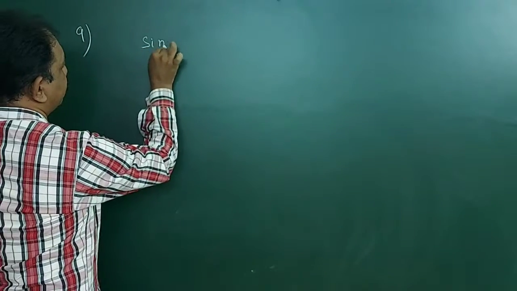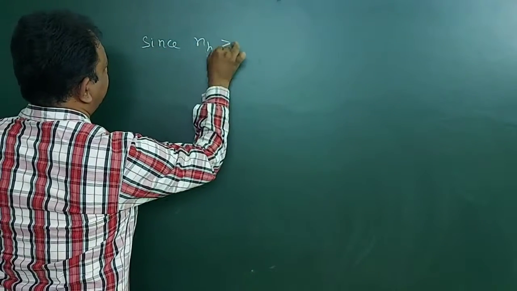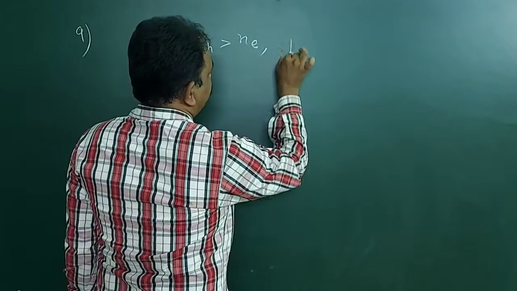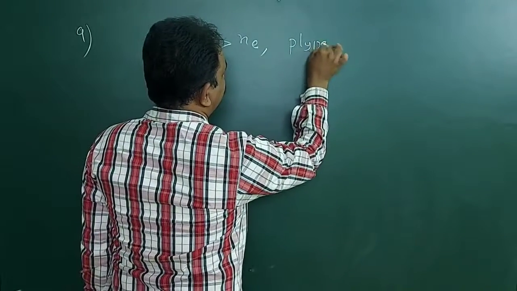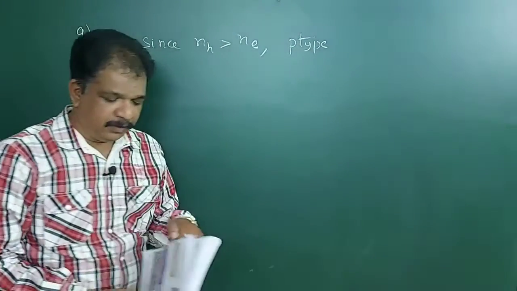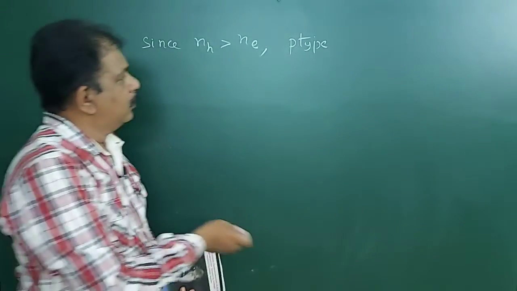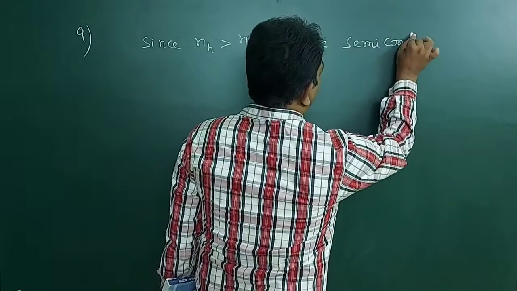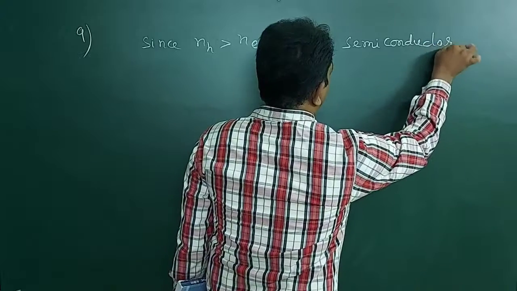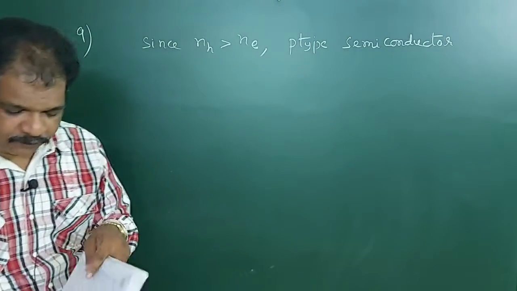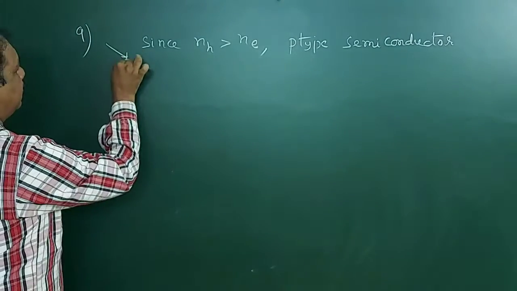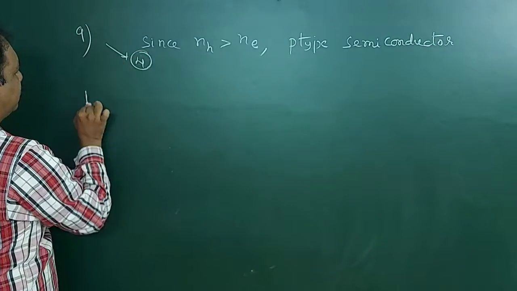Since the number of holes is greater than the number of electrons, the material will be a p-type semiconductor. So the option for the ninth question will be the fourth option.